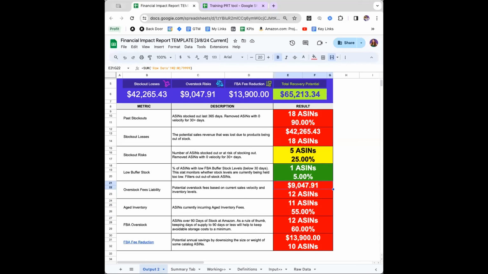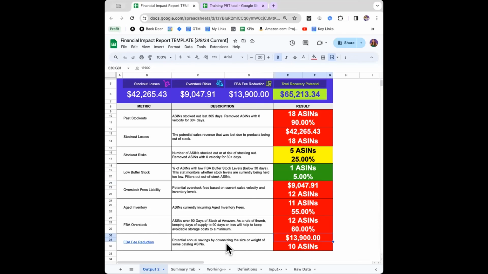And if you plug in your data to SoStock, you'll be able to see when you change your forecast how that impacts your fees, so you can plan accordingly.